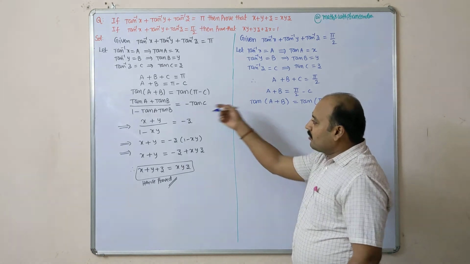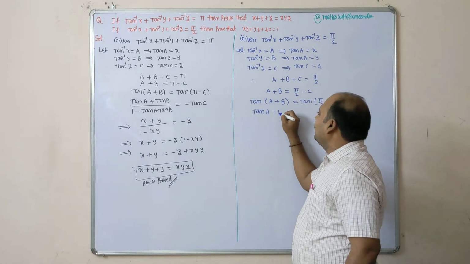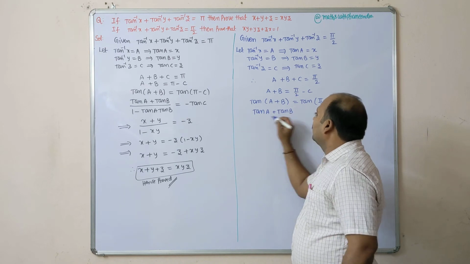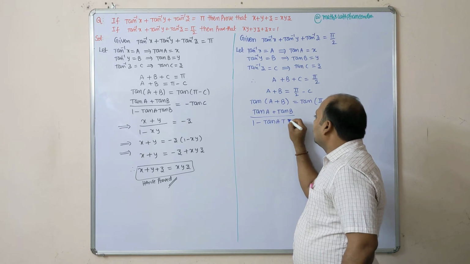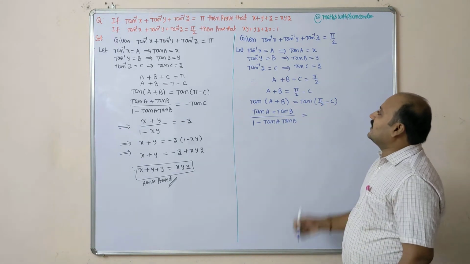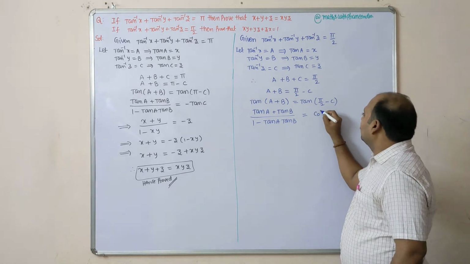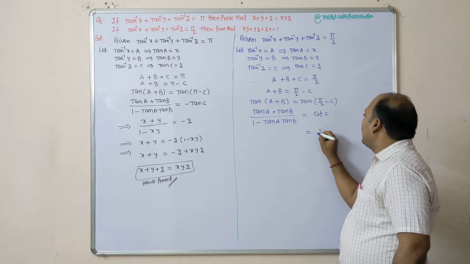So for tan of a plus b, the formula we wrote previously: tan a plus tan b by 1 minus tan a tan b is equal to tan of pi by 2 minus c, which is cot c. Cot c can be written as 1 by tan c.